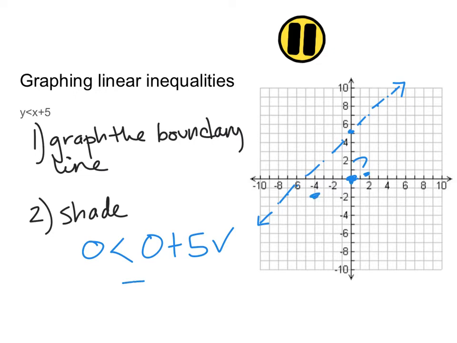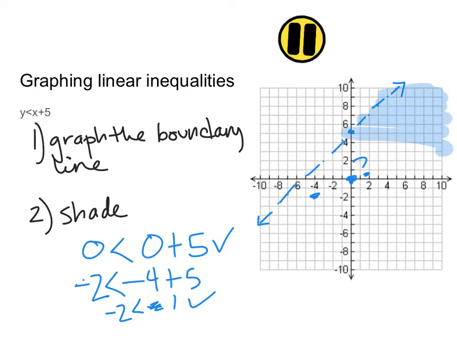So x is -4, so -4 plus 5 is greater than -2. Well, that would be 1 is greater than -2. Yes, that works. Okay, I believe it. And so now, for you, you're probably either using a highlighter for your shading, or you are using a pencil and just lightly shading.